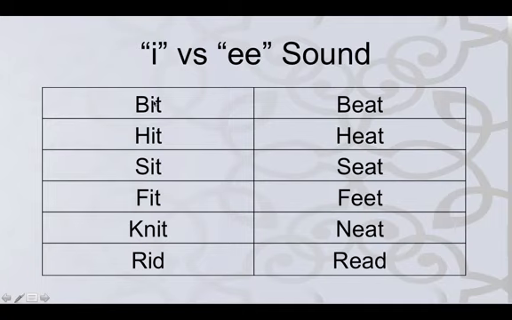I mean, they have trouble differentiating the I versus the double E specifically, and when these sounds are made. So this is bit versus beat, hit versus heat, sit versus seat, fit, feet, knit, neat, rid, read.